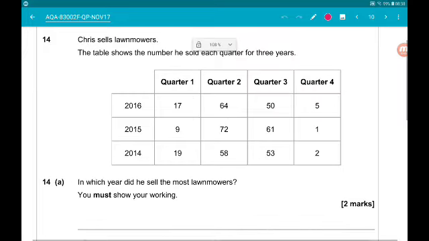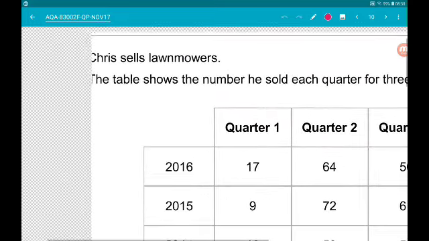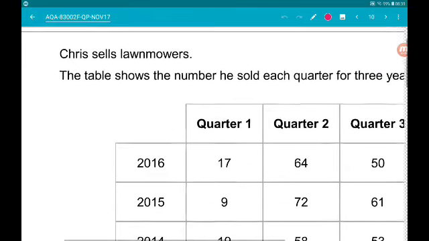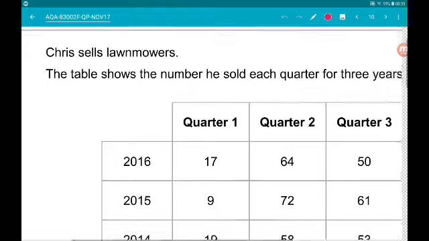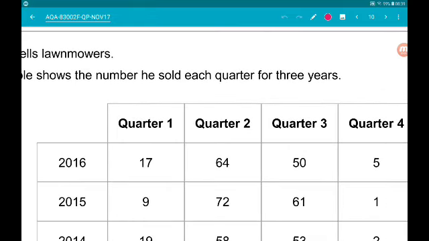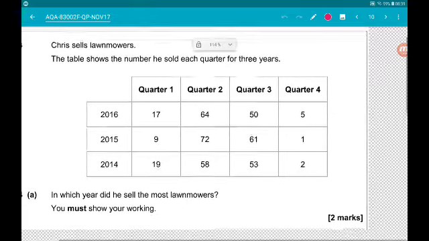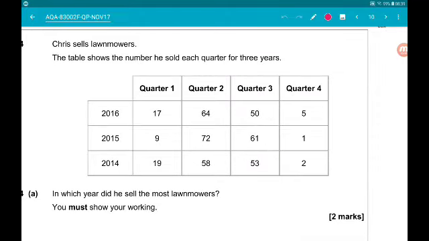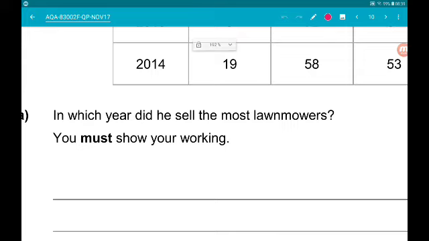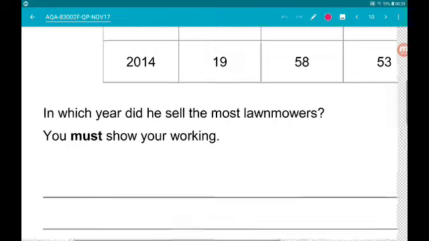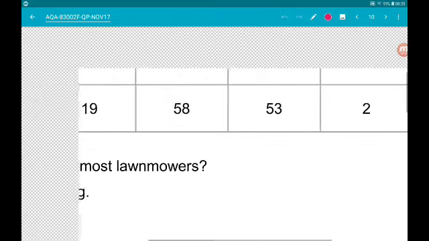Okay, 14. Chris sells lawnmowers. The table shows the number he sold each quarter for 3 years. So there's the table. Part A: In which year did he sell the most lawnmowers? We must show our working. And it's 2 marks.